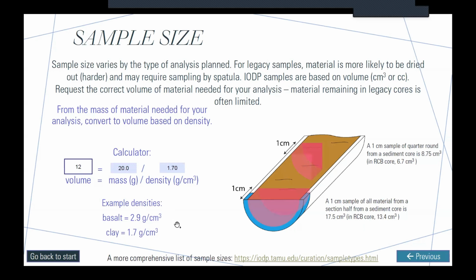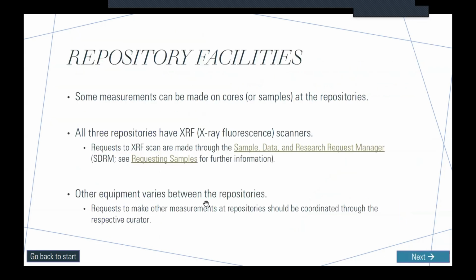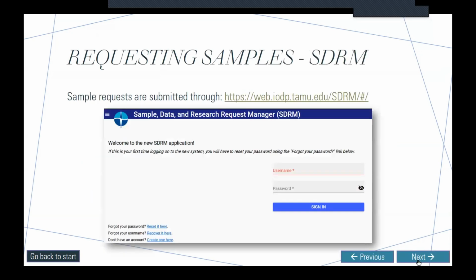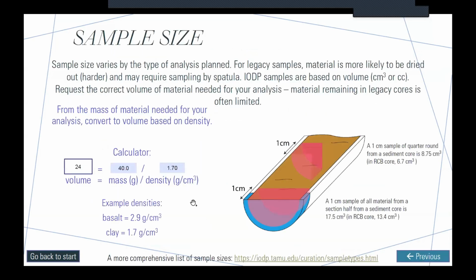You'll need to kind of take a gamble on the density of your material, but if I know for what I'm going to put in this particular instrument, that I need 40 grams of material, and it's my bad. Oops, daisy. Like I said, I've never practiced before. Okay, so then I need 24 cc's of material.